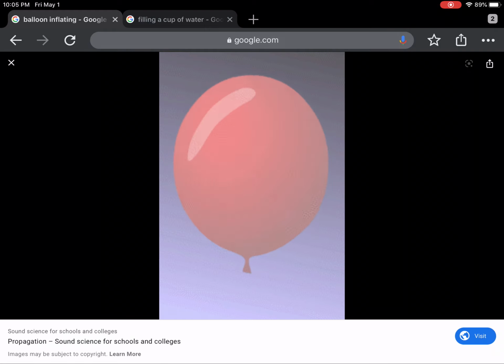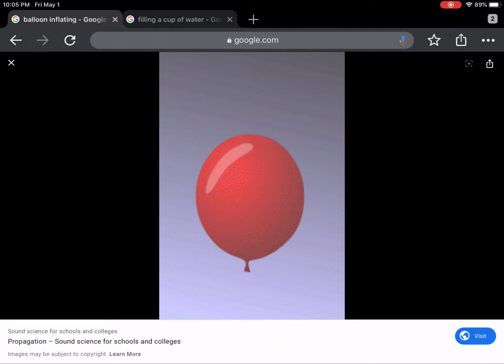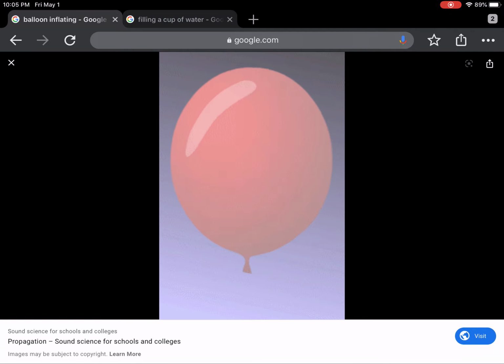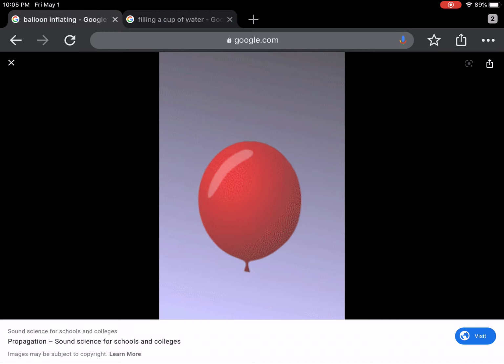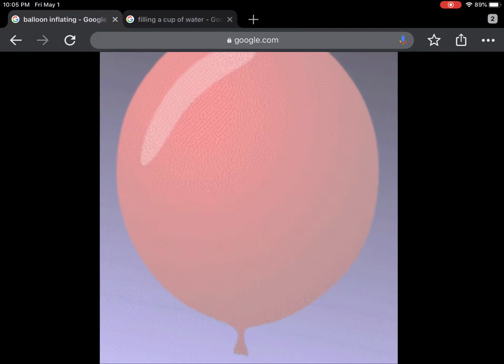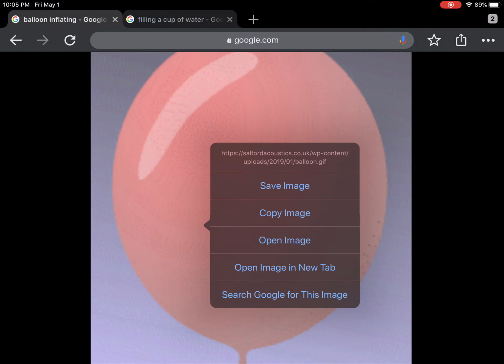The balloon in this image is clearly not a perfect sphere, but it still has a circumference that's changing. It's going to get bigger over time. The longer I let this GIF run, the bigger the circumference becomes. Same thing with its surface area, same thing with its volume. So what we want to look at is what happens if I could pause this somehow. Can I pause this? No, I can't.